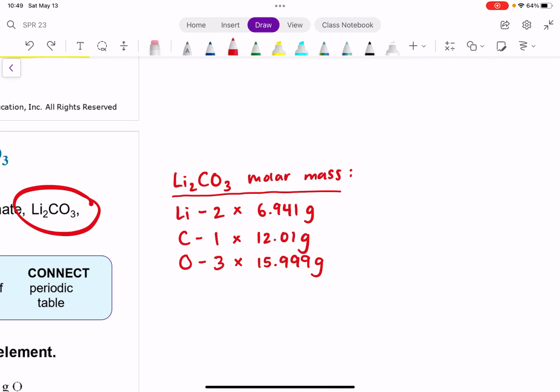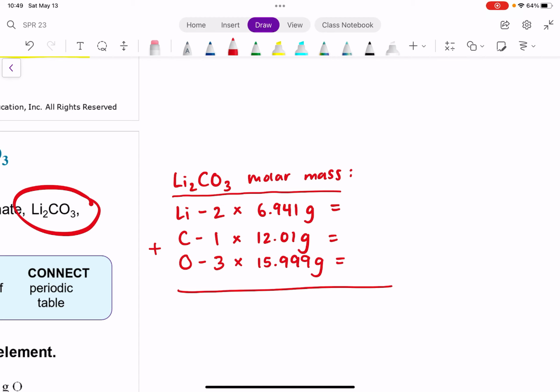Okay, so I'm going to do these calculations, and then we're going to add them all up, okay? Let's do some math here.